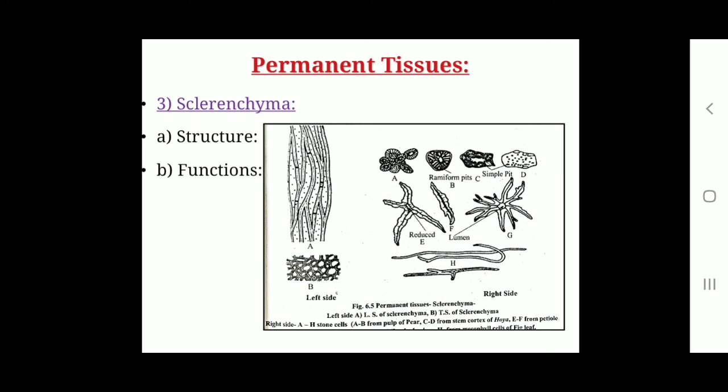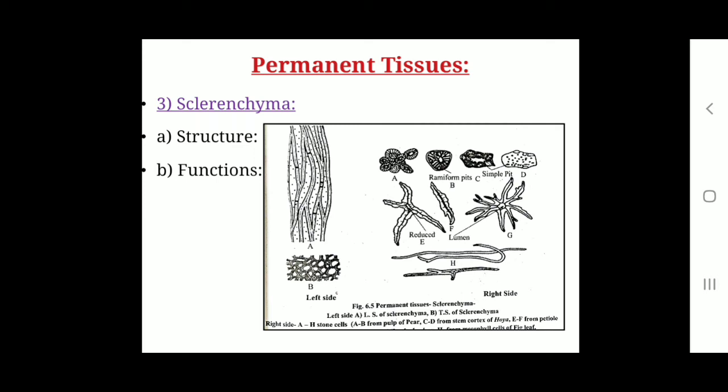Then next type, that is the sclerenchyma cells. First we see the structure of sclerenchyma. The sclerenchyma is an important simple permanent tissue which is adapted for mechanical functions. The component cells are usually prosenchymatous. This term is designated to the cells which are much longer than broad.